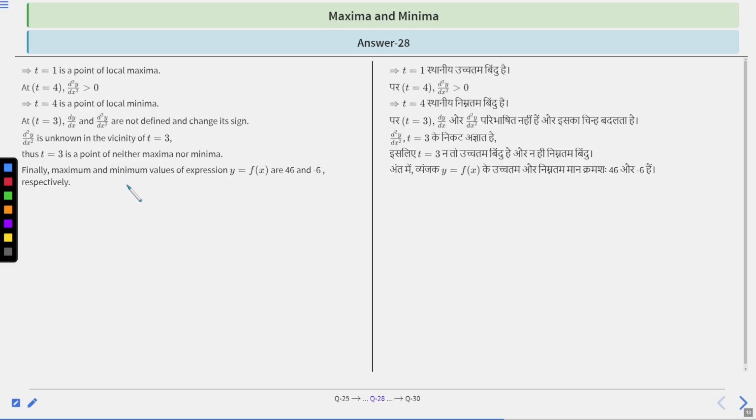So finally, the maximum and minimum values of the expression y equal to f(x) are 46 and minus 6, because the maximum value will be attained at t equal to 1.